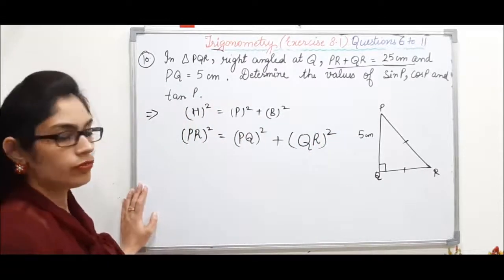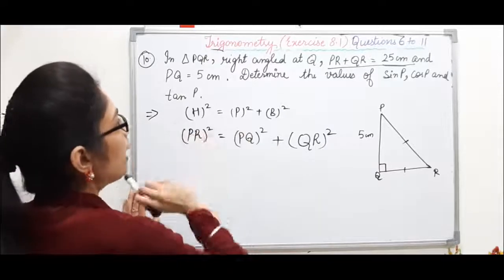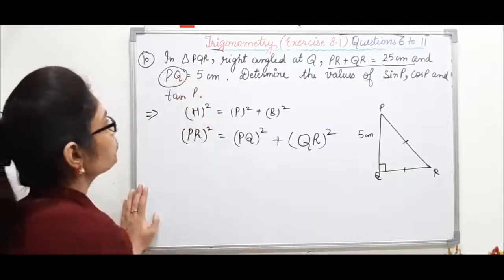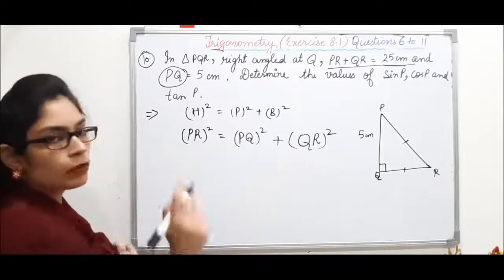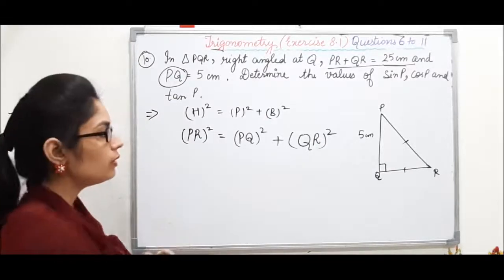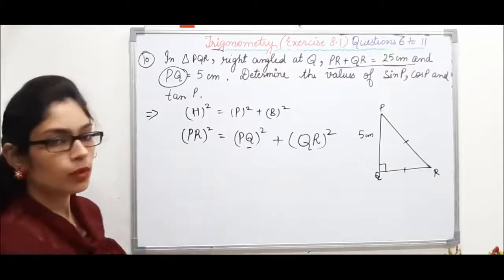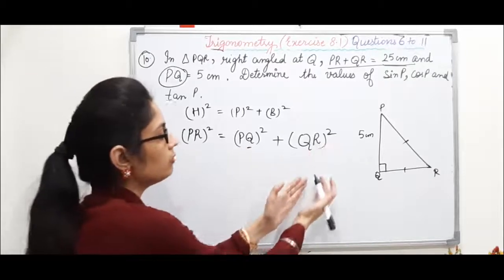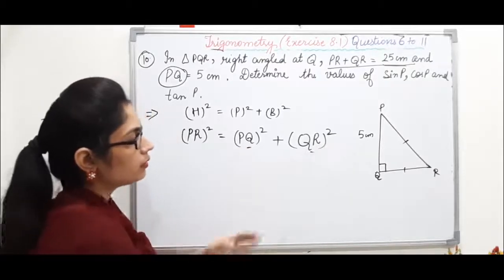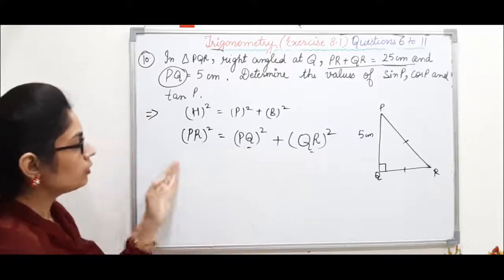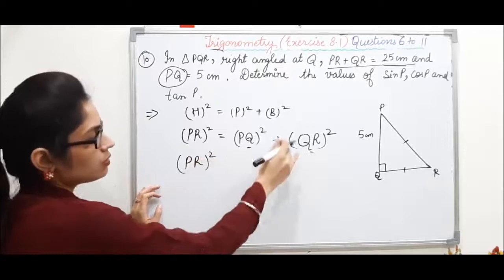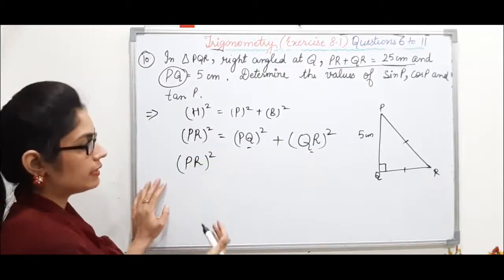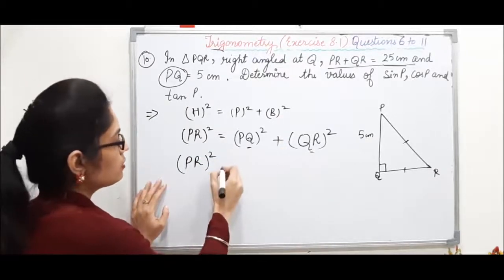Now here we have the value of PQ exactly, it's given to us, and the sum of PR and QR is also given. So we'll keep PQ on one side and shift QR square to the other side. Because this is in addition form, on changing the side it will change to minus.